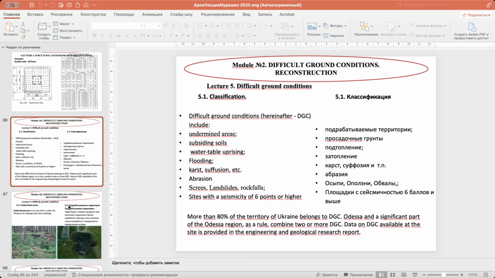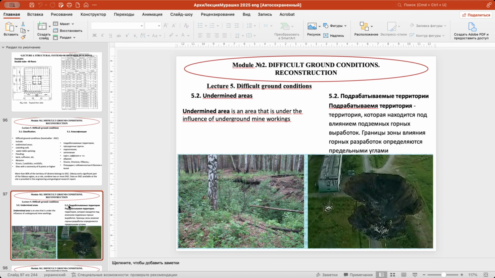By the way, I have almost prepared a course called earthquake engineering for architects, and maybe from next year it will be available for architects to choose this discipline, but only for master's degree students.